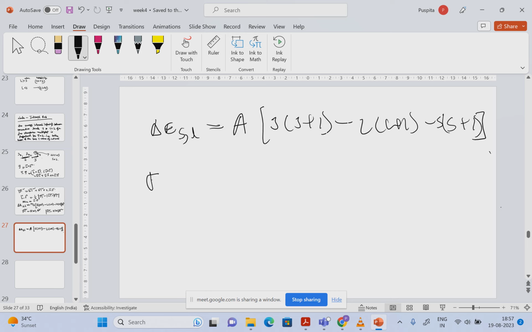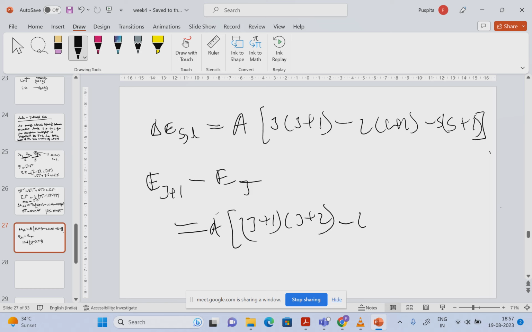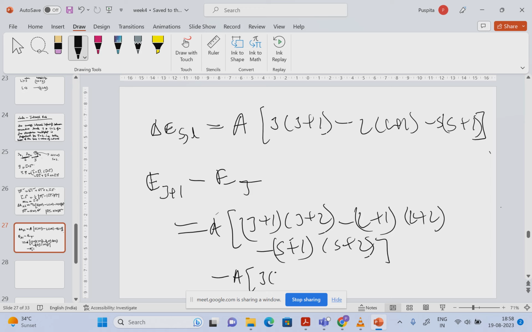Now for consecutive levels, J plus 1 and J, we have J plus 1 into J plus 2 minus L plus 1 into L plus 2 minus S plus 1 into S plus 2, minus J into J plus 1 minus L into L plus 1 minus S into S plus 1.